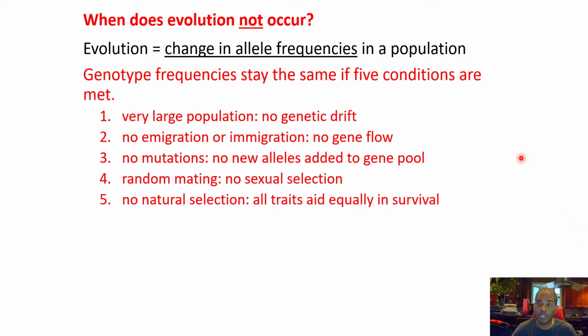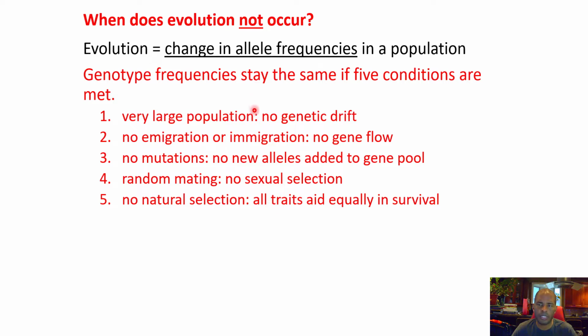For evolution to occur, certain things must be in existence. Evolution does not occur if we have these 5 conditions met: a very large population, no emigration or immigration, no mutations, random mating, and no natural selection.